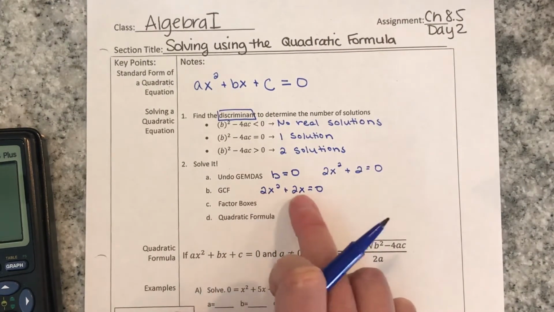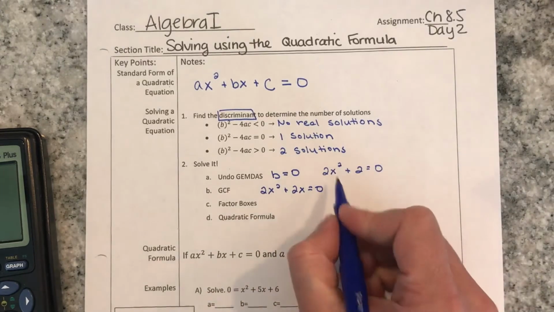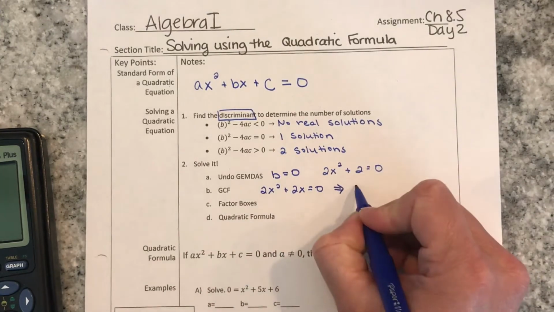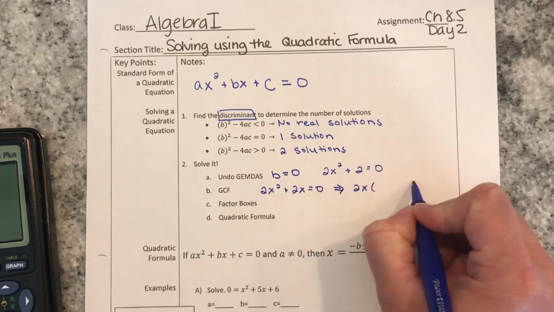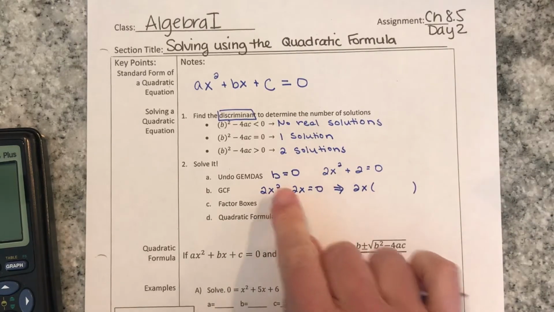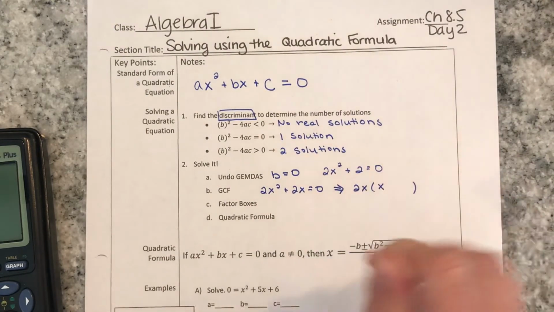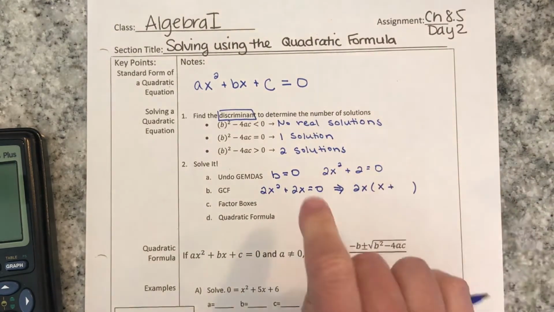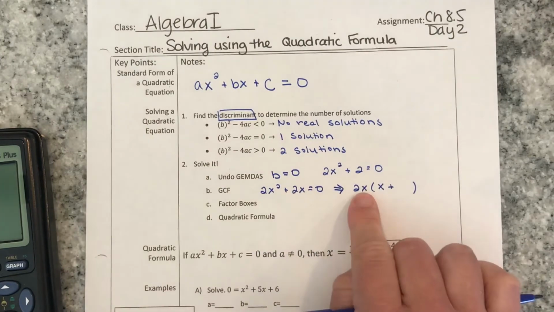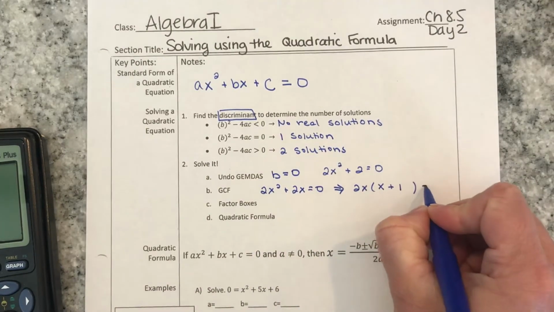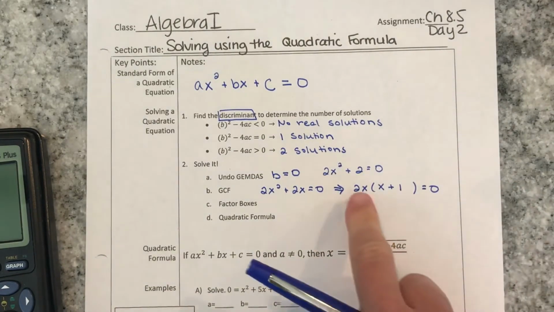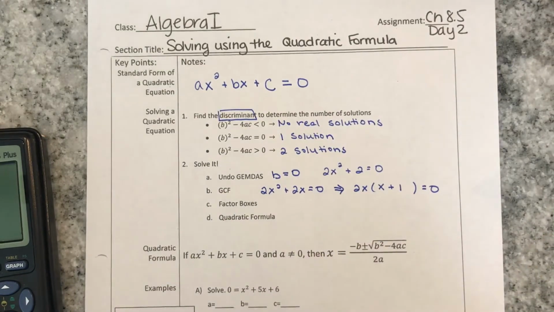But both terms have a common factor of 2x. So if you factor the 2x out to the front, 2x squared divided by 2x is x. And 2x divided by 2x is 1. And now it's factored, and you can split it and set each factor equal to 0 and keep solving.